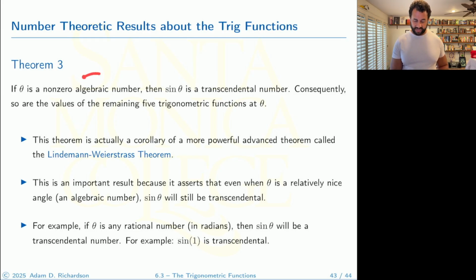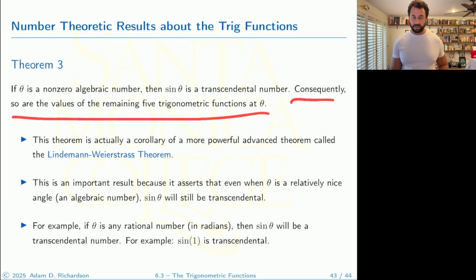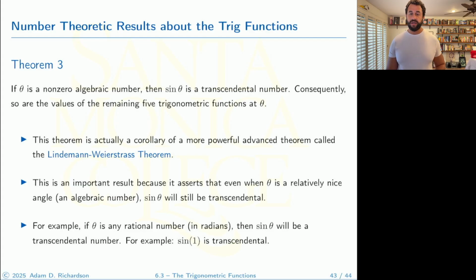So this is basically taking nice numbers and mapping them to not nice numbers, transcendental numbers. And that'll end up being true for all of the other five trigonometric functions. This is actually why we emphasize those particular legs of those particular triangles and why we emphasize those standard angles, because they kind of exhaust all of the nice possibilities. And the other possibilities are not so nice.